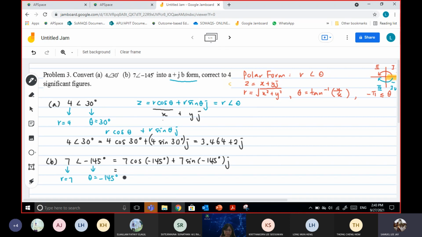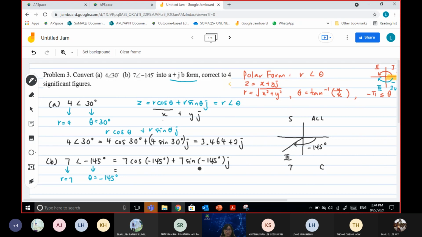Miss, for the reverse method, you can put in the negative sign. Yes, correct. Because now when you find cos negative 145, negative 145 is in the third quadrant. When you use the calculator, and you look at the chart, all science teachers are crazy.